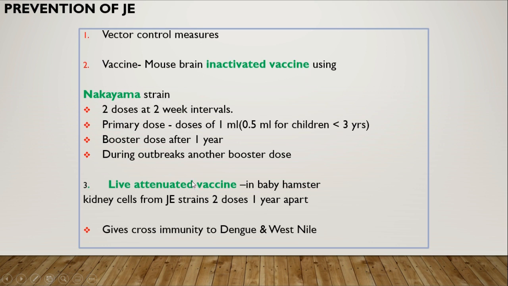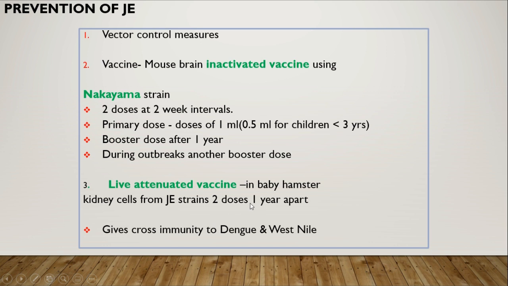So the live attenuated vaccine is much more significant than the inactivated vaccine, because booster doses will not be required in case of the live attenuated vaccine, which is produced by growing this virus in baby hamster kidney cells from the Japanese encephalitis strain, and we can give 2 doses 1 year apart.